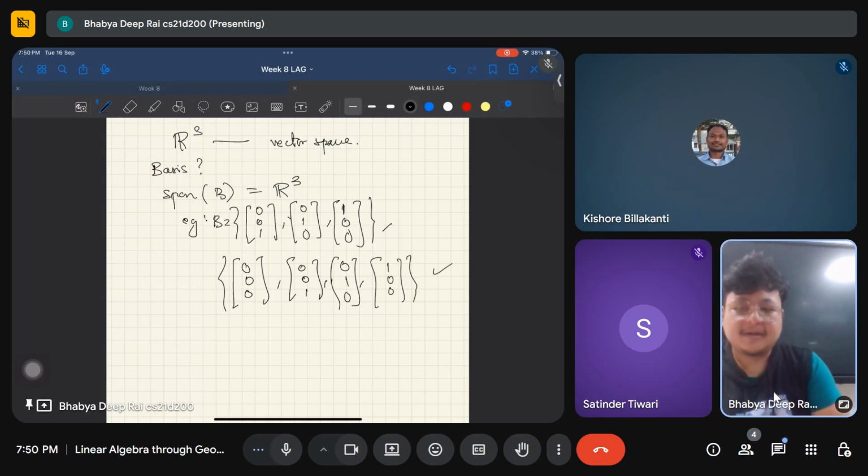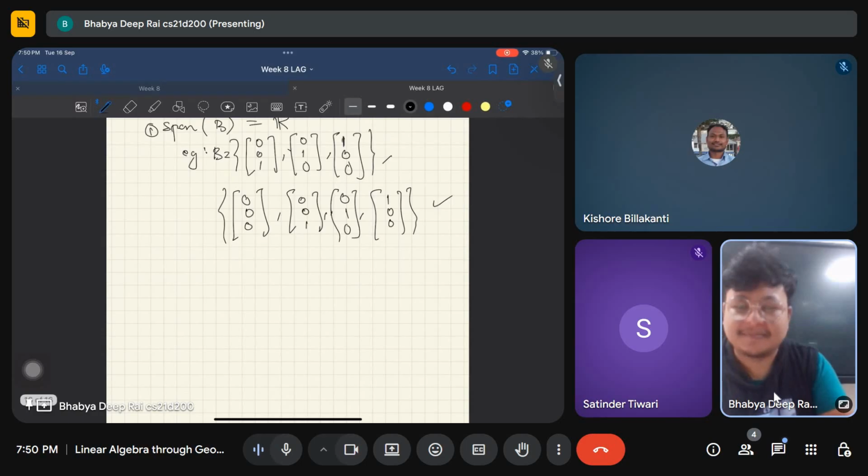This is also fine. As far as covering R cube goes, it'll cover the span. Its span is the same, right?